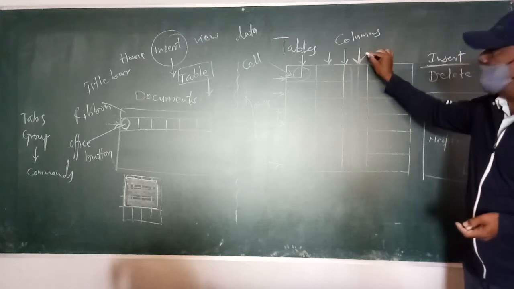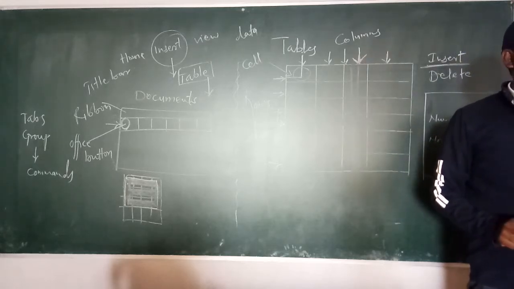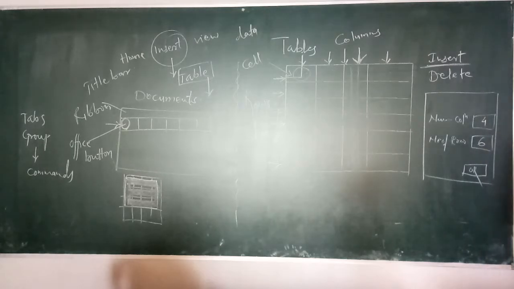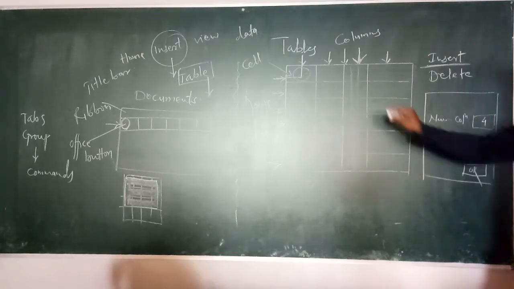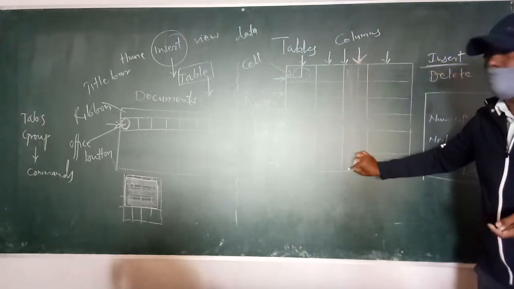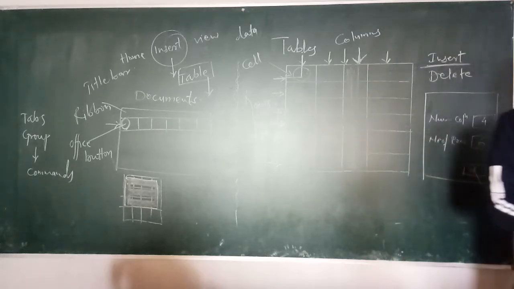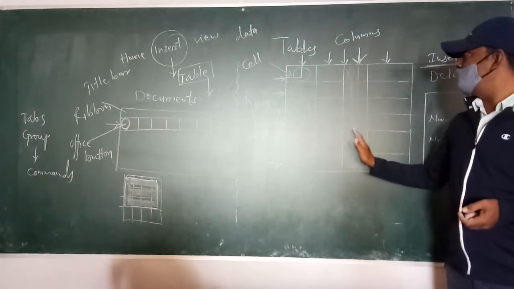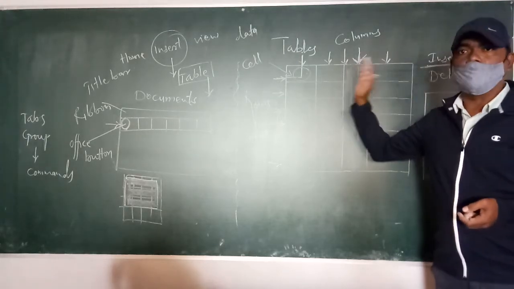First you have to select this column by clicking at the top of that column. The column will be selected. Or click here and drag your mouse pointer so that the column is selected. After that, right click and then select the delete option. So this column will be deleted and this column will move here.